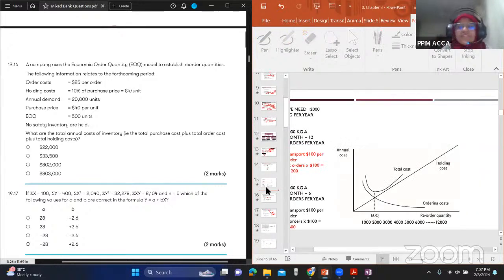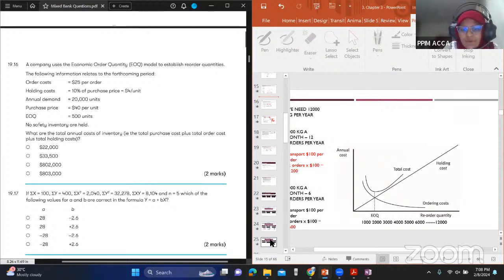Can you see? At the EOQ, the holding cost line and the ordering cost line are meeting. That is why at the EOQ, the holding cost and ordering cost are equal to each other. That will always be the case at the EOQ quantity.